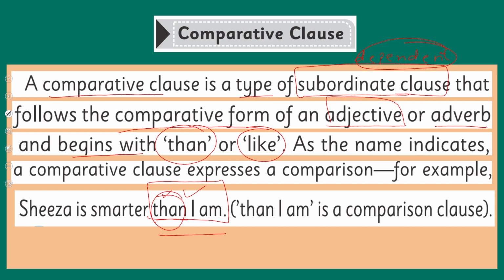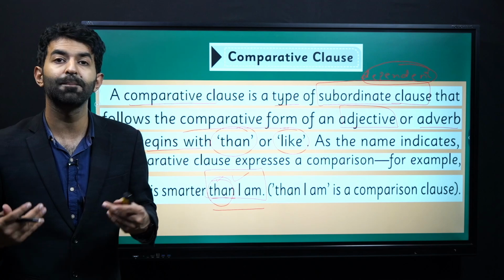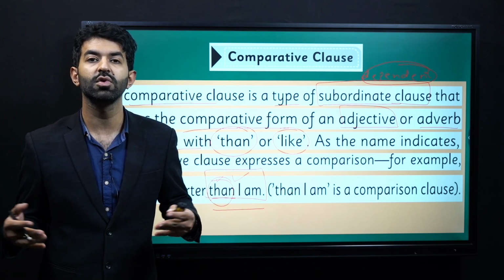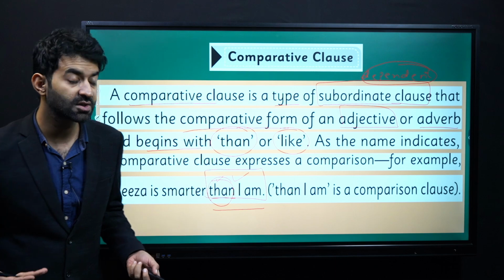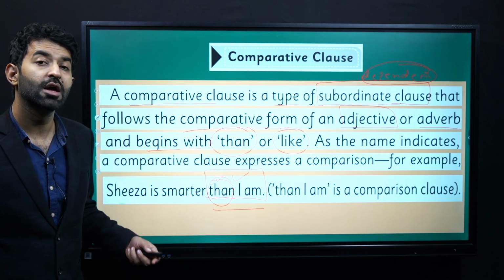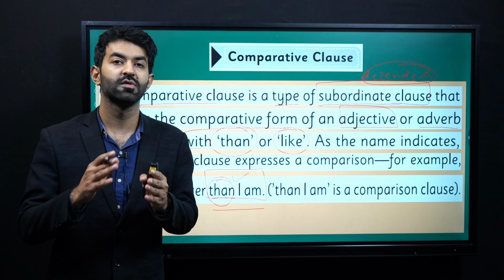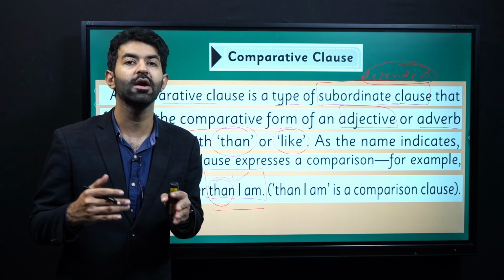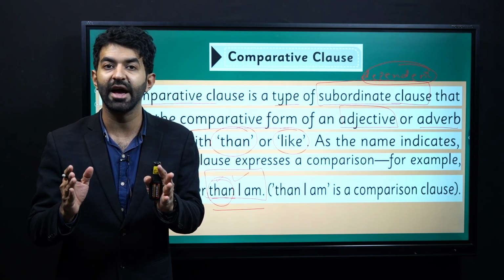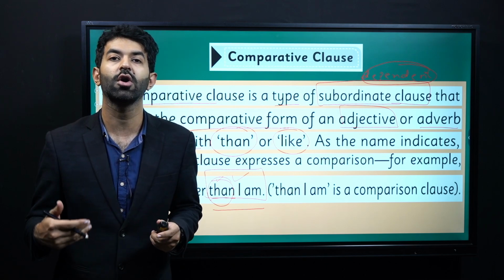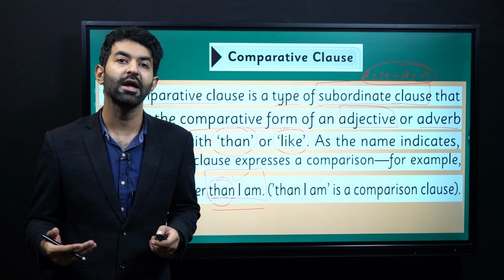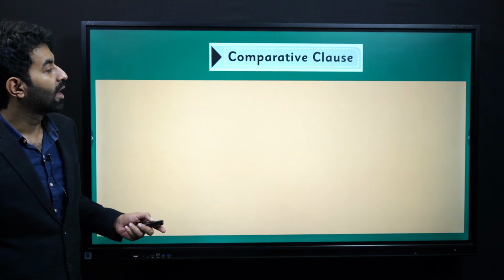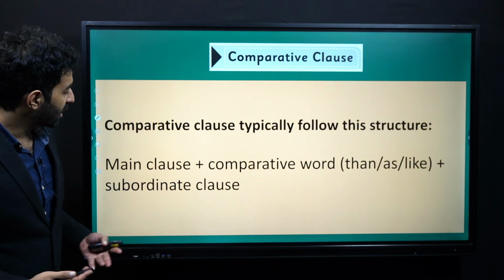Shiza is smarter than I am. And if you take "than I am" on its own, this is dependent. It doesn't make any sense. We need more information. So when we say Shiza is smarter than I am, this part, "than I am", is your comparison clause because it has the word "than", which is used for comparing adjectives. Now, let's talk about some more examples over here.